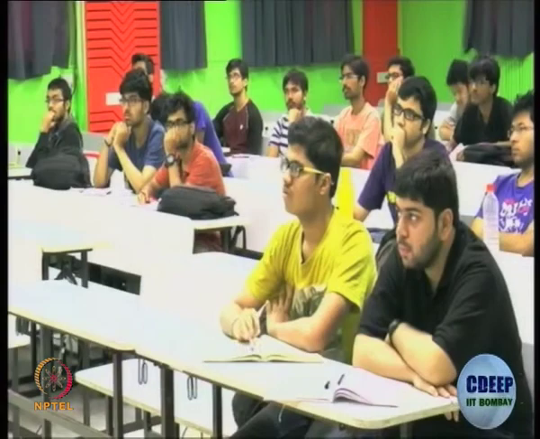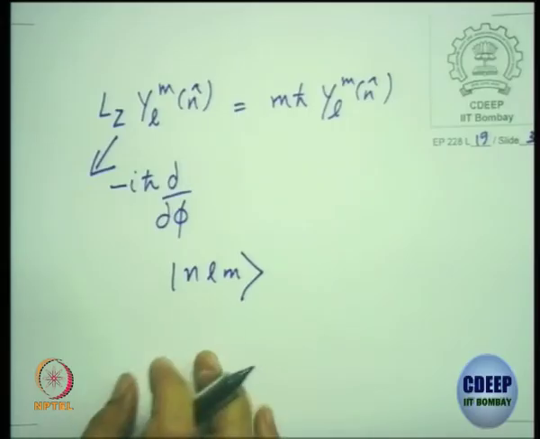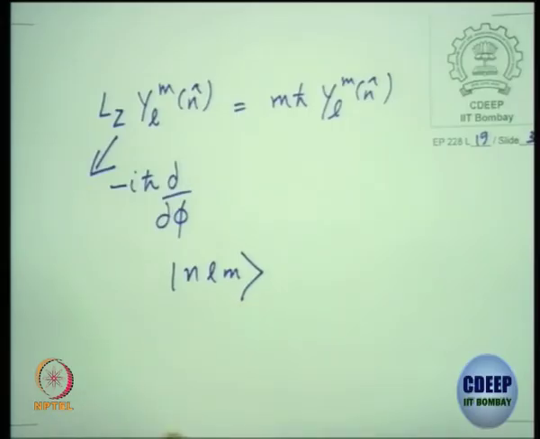If you are clear with this, then the rest of the Stern-Gerlach and all will be very smooth. They are all finite dimensional vector spaces. For a specific N, the LM degeneracy is N squared.